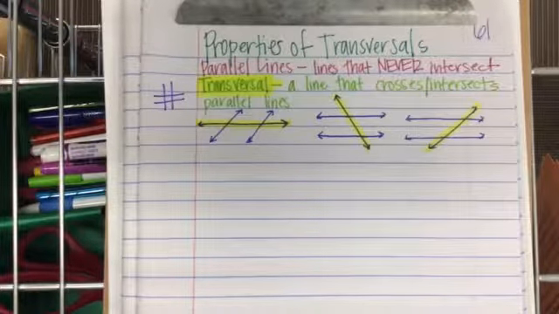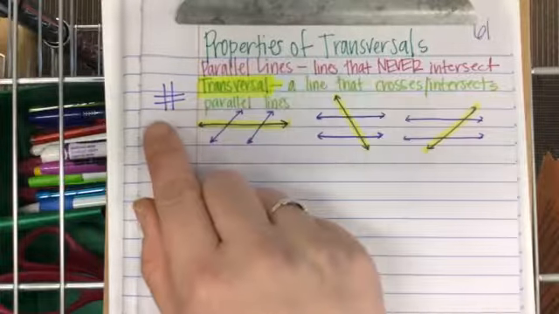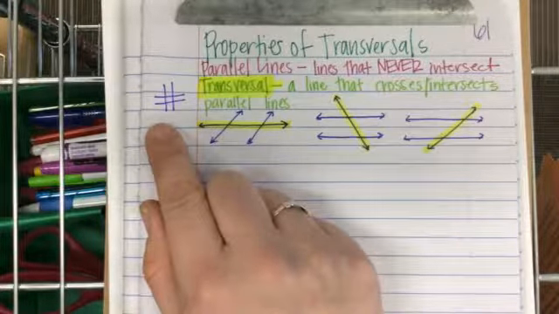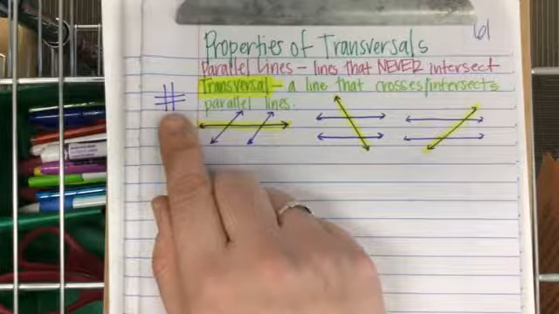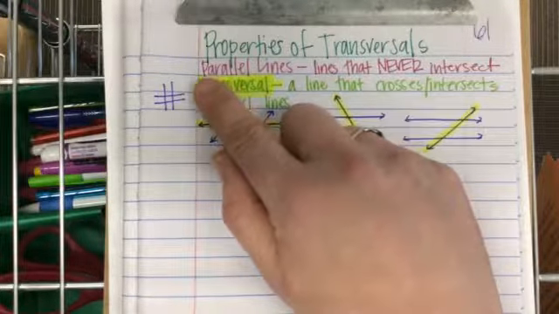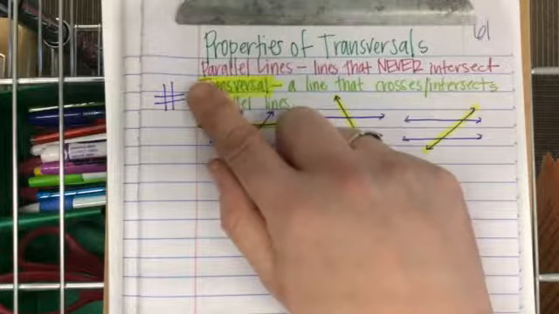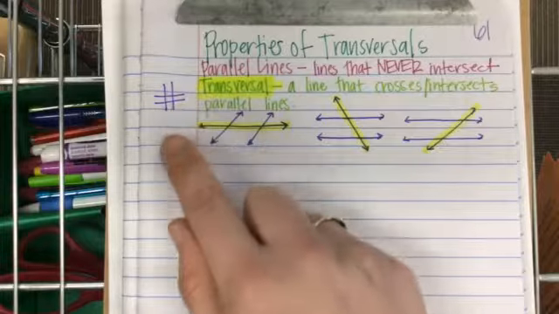There are two sets of parallel lines, horizontal and vertical. Are there transversals? Yep. To the vertical parallel lines, there are two transversals that are horizontal. And to the horizontal parallel lines, there are two transversals that are vertical.